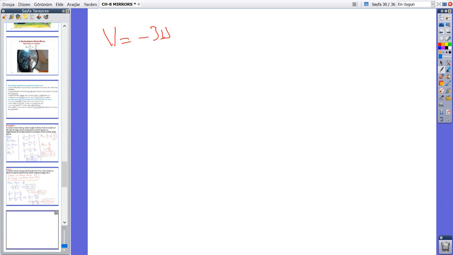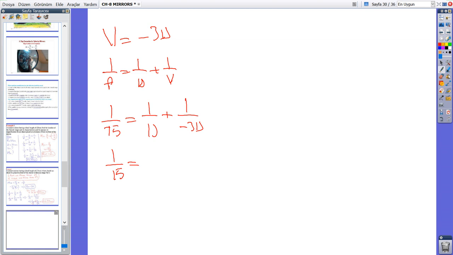Applying the general law, 1 over f equals 1 over u plus 1 over v, but this time we will use minus: 1 over 15 equals 1 over u minus 1 over 3u.